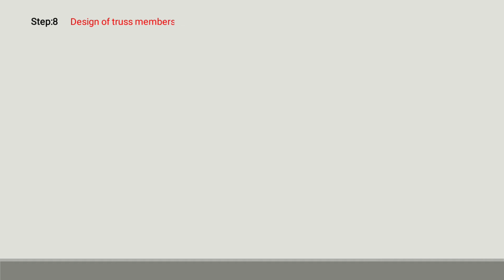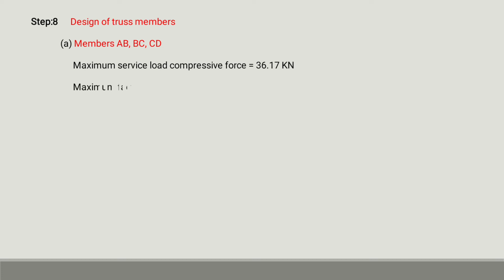So step number 8, design of truss members. Members AB, BC and CD. Maximum service load compressive force is equal to 36.17 kilonewton. The maximum factored compressive force is equal to 1.5 into 36.17, so you get 54.25 kilonewton.